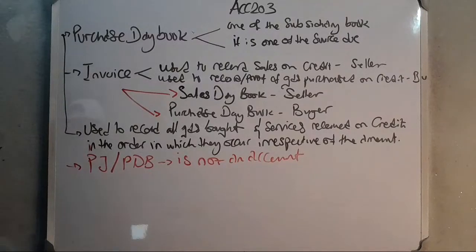Now, the purchase journal is not an account because it does not have a debit side or a credit side, just like the sales day book or the sales journal.